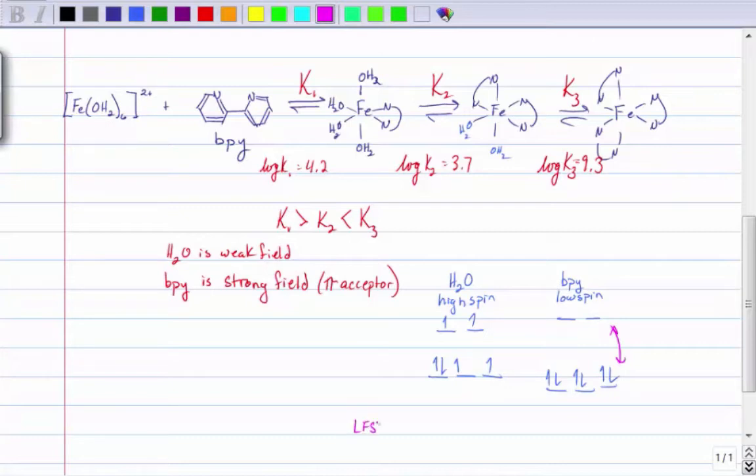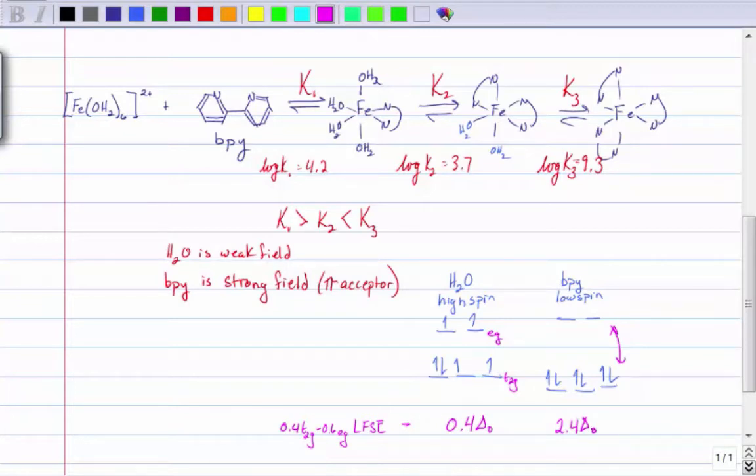So the ligand field stabilization energy, remember it is 0.4 times the number of electrons in T2g minus 0.6 times the number of electrons in the eg set. And this comes out to a ligand field stabilization energy for water of 0.4 delta O. And for the low spin complex, it's 2.4 delta O. So that's a much larger ligand field stabilization energy.